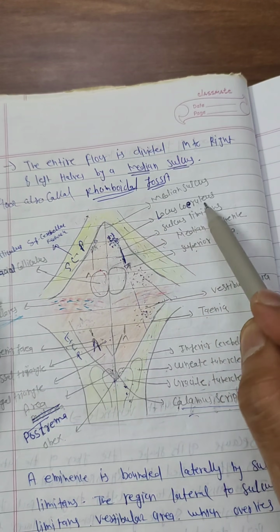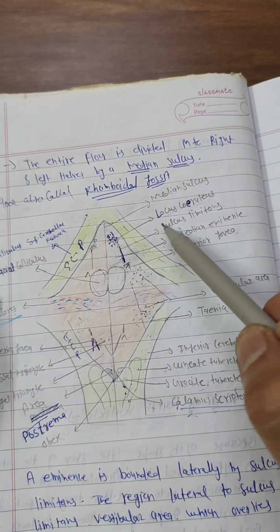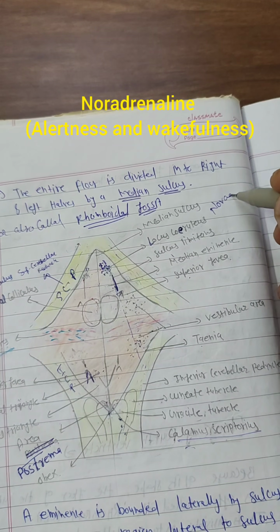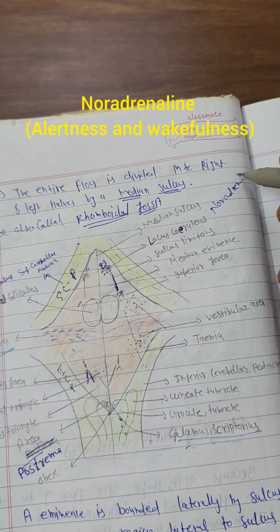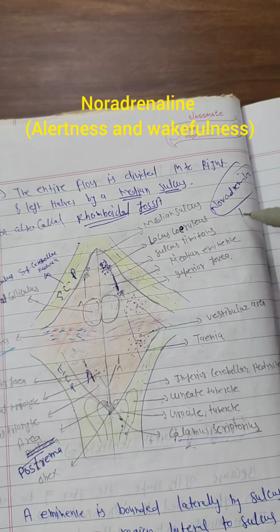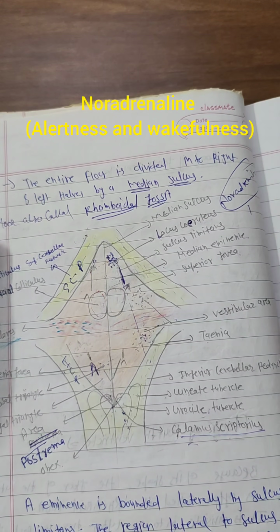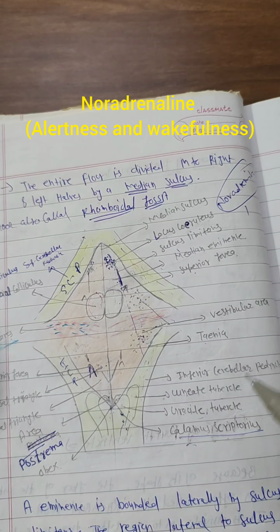Locus means area, coeruleus means bluish, and it is responsible for noradrenaline, which ultimately is responsible for wakefulness and alertness.